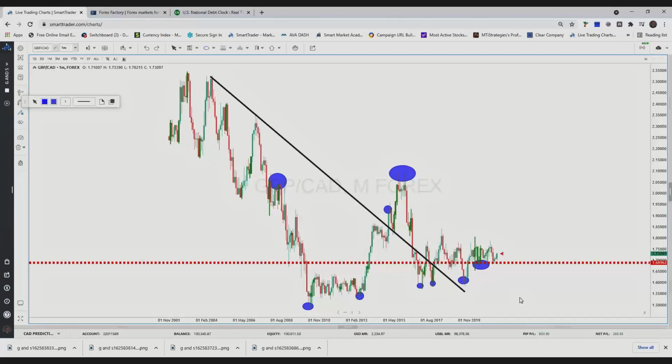So, at this point, I think that they want the value of the pound to be up, because a lot of citizens of the UK like to go to other countries. There's a lot of Brits living in Africa, for example, and in other countries in Europe.